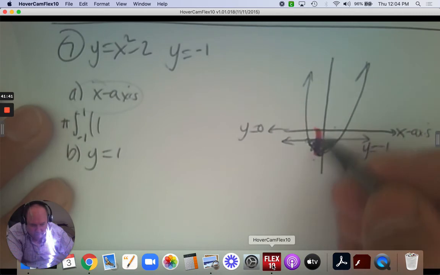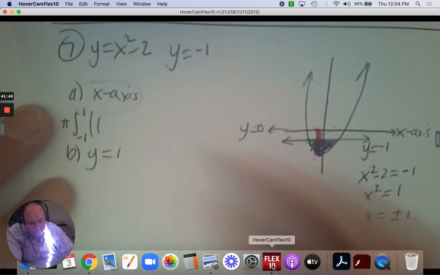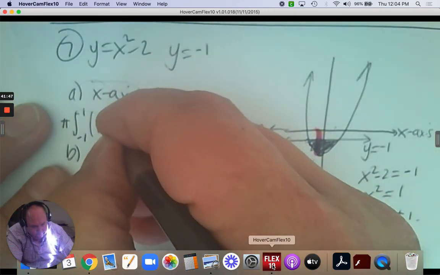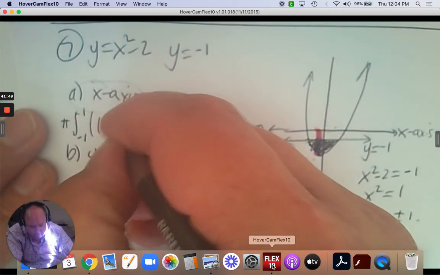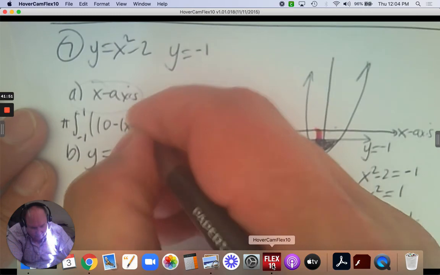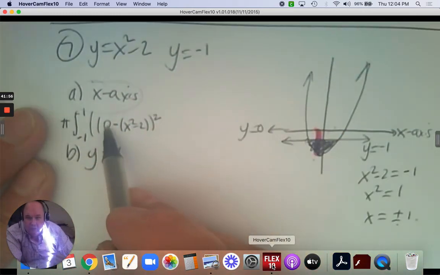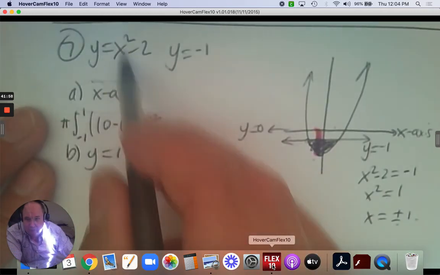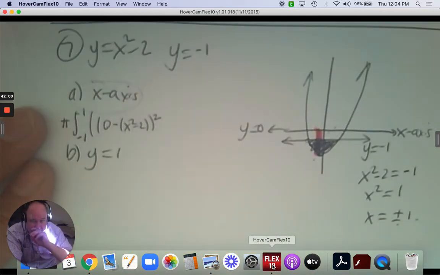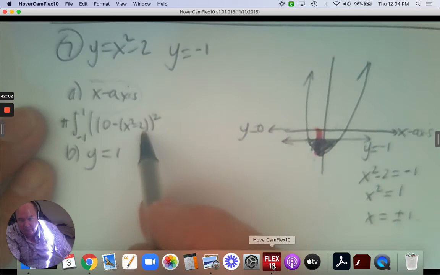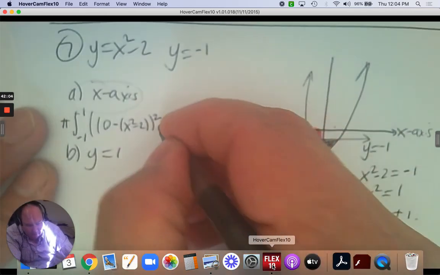So the big radius will be 0, subtract the curve. Now be careful. Use parentheses so you don't make a mistake with the sign. So top, subtract, bottom. Make sure you use parentheses when you subtract like that, so the negative sign will be distributed, and square it. Subtract.